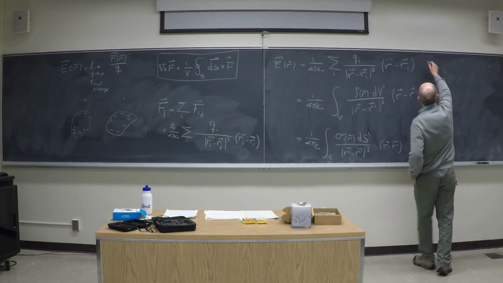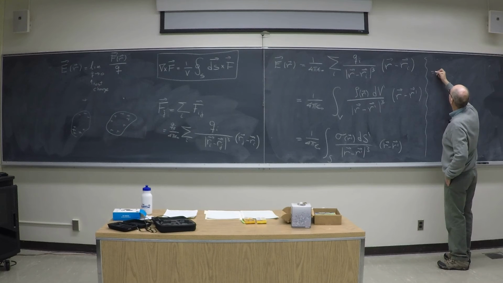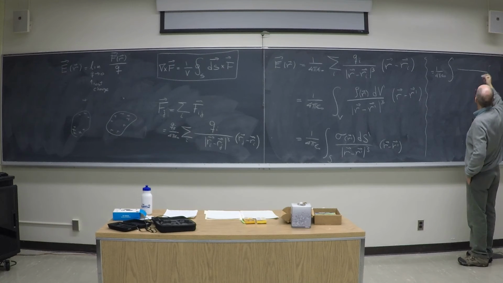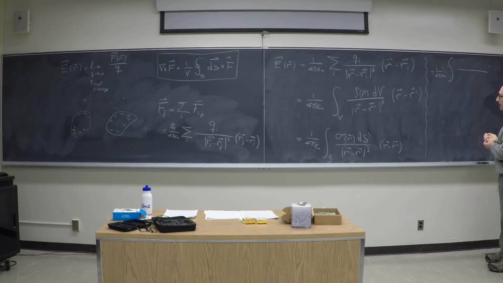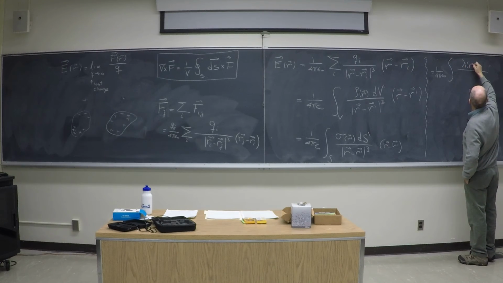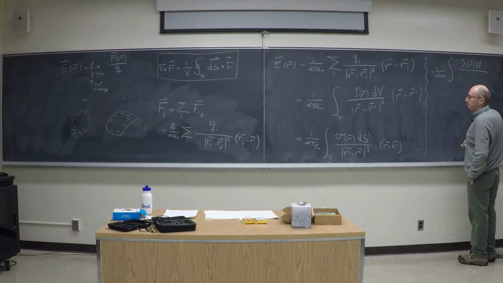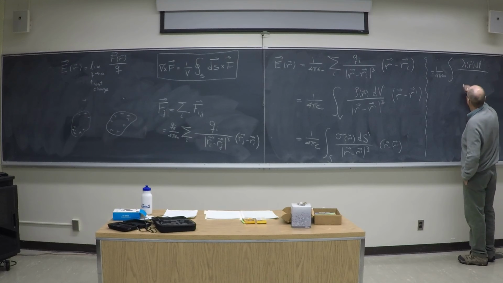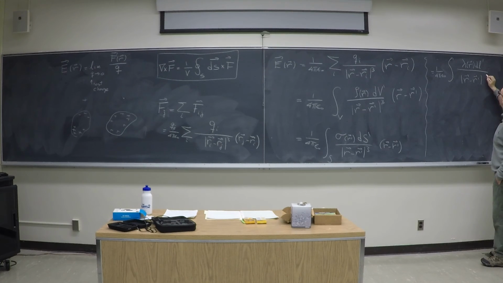And finally, another way would be 1 over 4 pi epsilon 0 times the integral of the line charge lambda dl prime, times R minus R prime, over R minus R prime cubed. And this one would be on some curve C. What is lambda?